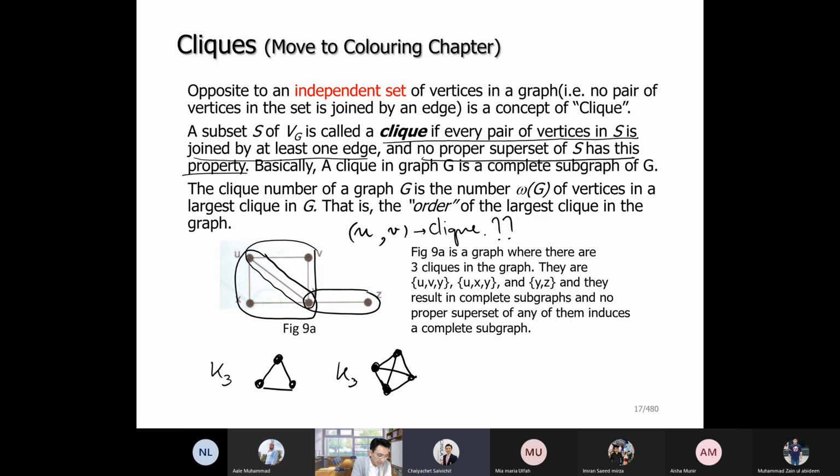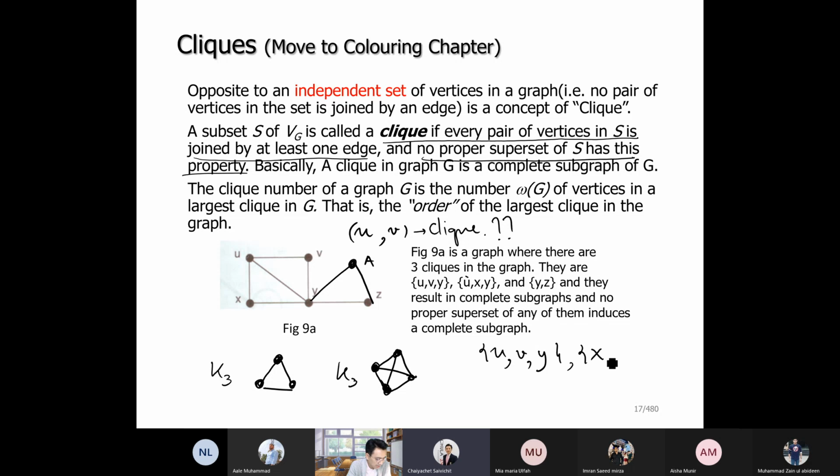But Y and Z becomes a clique in itself because Y and Z do not belong to any bigger superset. If I have this one, let's say A here, we're going to have U, V, Y, one clique, right?